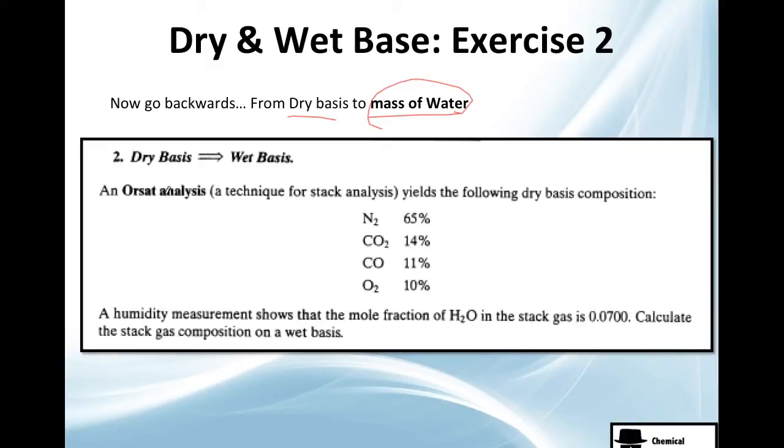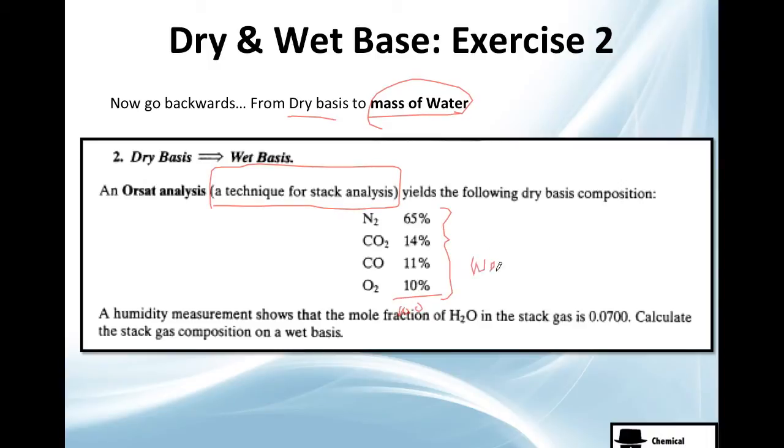There's a special analysis called Orsat analysis. It's a technique for stack gases which calculates the following compositions. They will give you the composition of a stack gas going out of equipment, and you add these to get 100.